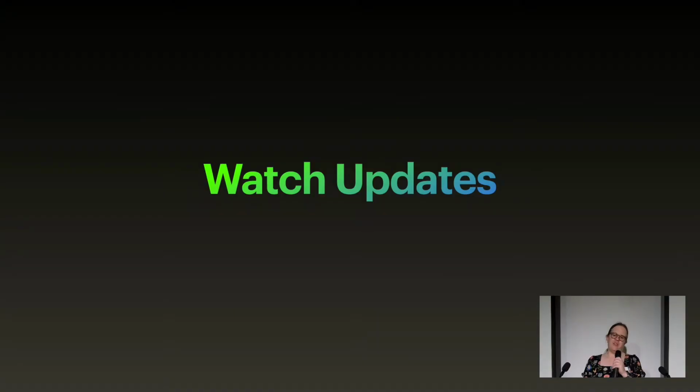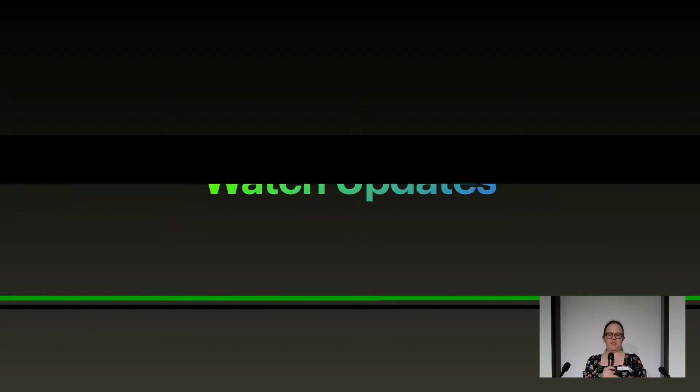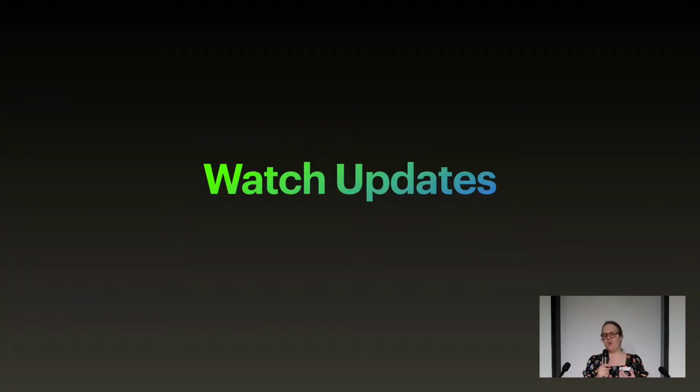Updates on the watch. So the watch with its live workout builder is the one that will receive stuff like your heart rate or any samples from a power meter or a cadence meter that are paired directly to the watch.